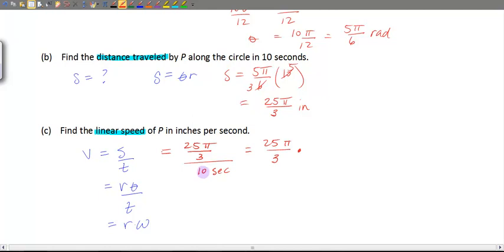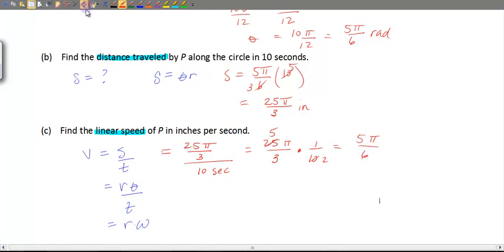That's the 10. The reciprocal of 10 would be 1 over 10. So now we have two fractions we can multiply together. I know that 10 and that 25 are going to reduce because 5 goes into both of those. So my answer should be 5 pi over 6.